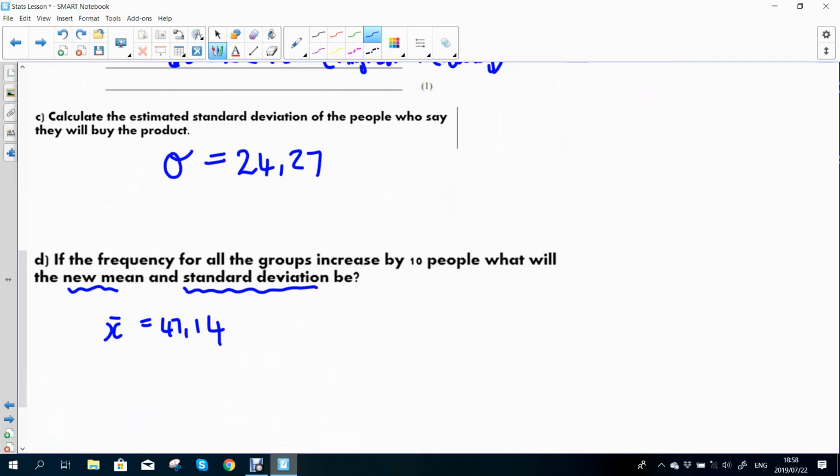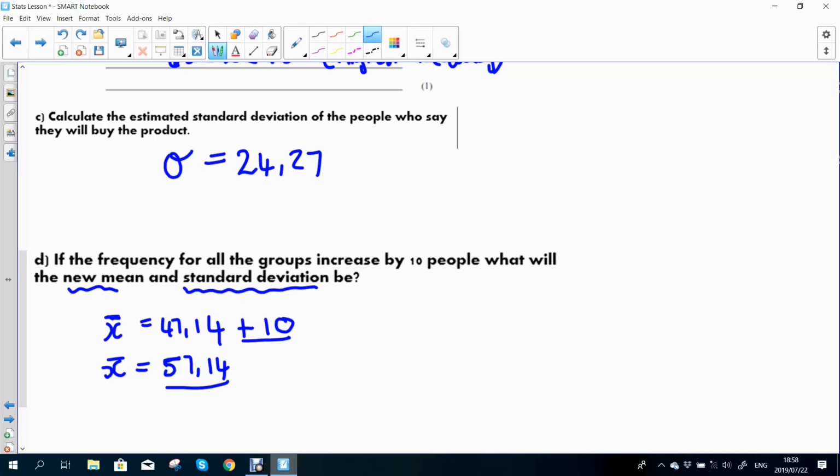Now, if I add 10 to every single group, to every single frequency, that means that I just need to add 10 to my mean, because my mean is now going to move up with 10 units. That's how easy it is. If all the values increase by 10, then your average will also increase by 10. Your average will move up.